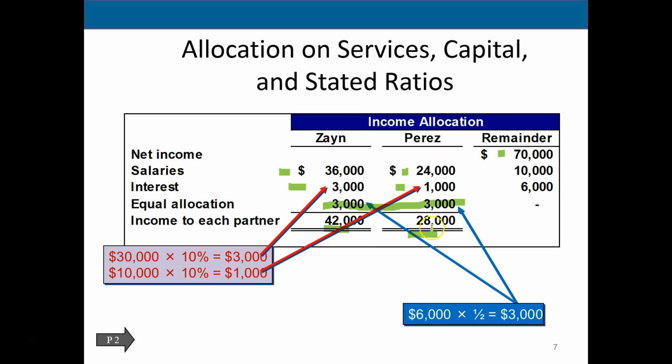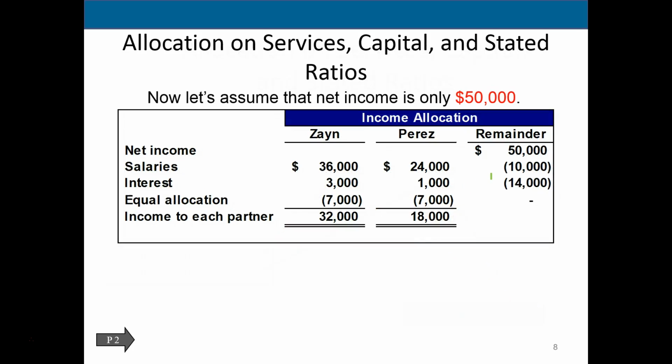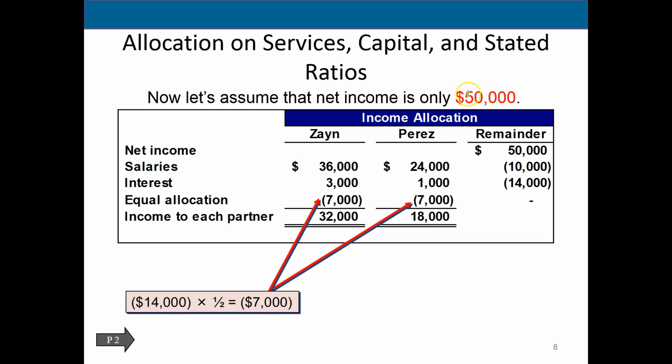Now, you might be thinking, well, what if we didn't make 70? What if we made only 50? Well, that could be a problem, and we need to take that into consideration if we come up with a complex allocation like this, because we would still have our salary. Remember, these are fixed numbers, so of the 50, we're allocating 36 and 24 based on the set allocation we agreed upon. Then we're doing the same allocation with the 3 and the 1 based on our beginning capital balances.